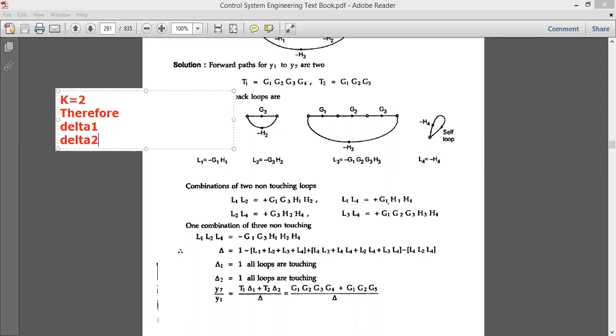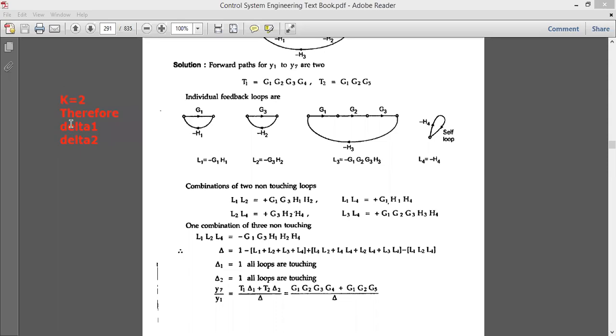So you will have 2 deltas. If K is equal to 3, you will have 3 deltas: delta 1, delta 2 and delta 3. So you will find these 2 delta values.